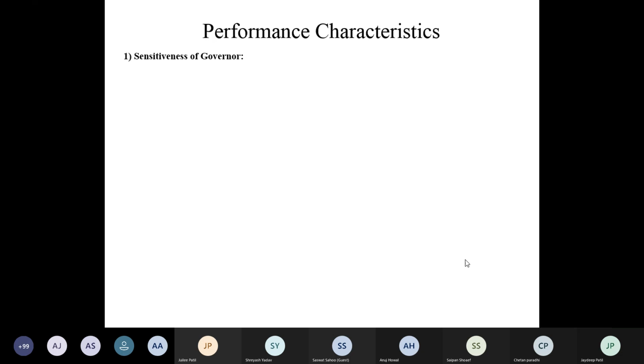It would be a governor's response to changes in speed, change in RPM. We will finish within 5 minutes. Okay? Now tell me what is meant by sensitiveness of governor.